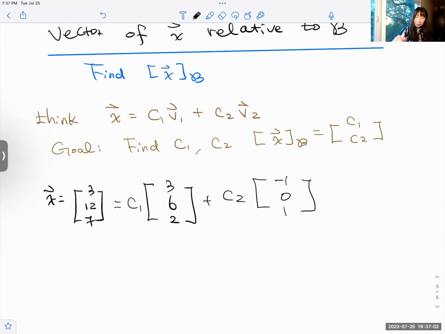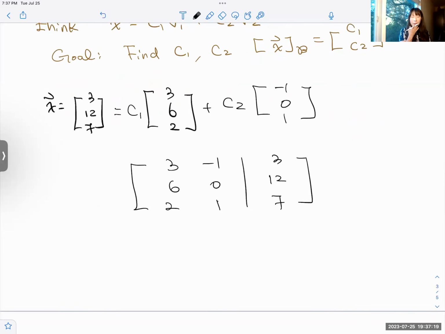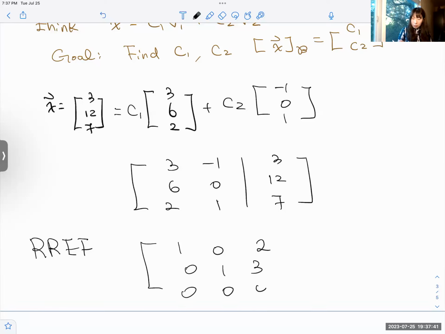Okay, now we have the augmented matrix 3, -1, 6, 0, 2, 1, 3, 12, 7, right? Okay, now reduce to row echelon form. So Alan gives us 1, 0, 2, 0, 1, 3, 0, 0, 0.